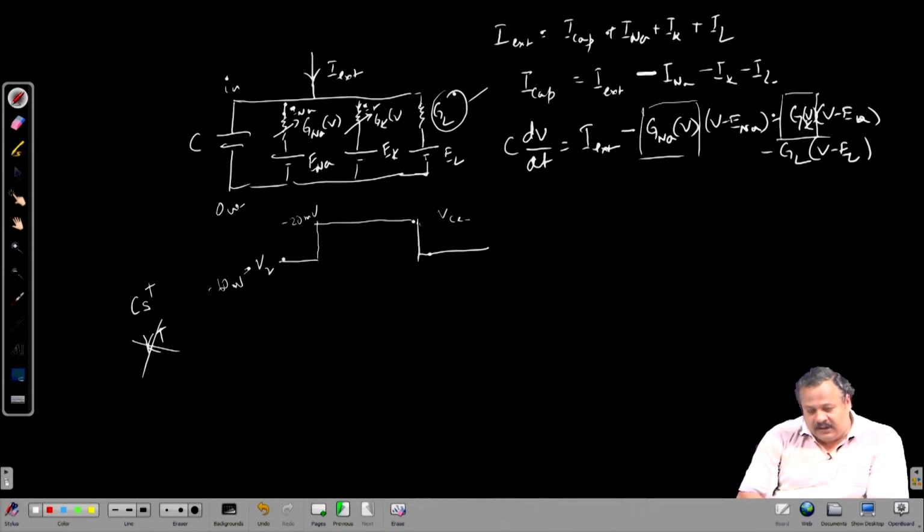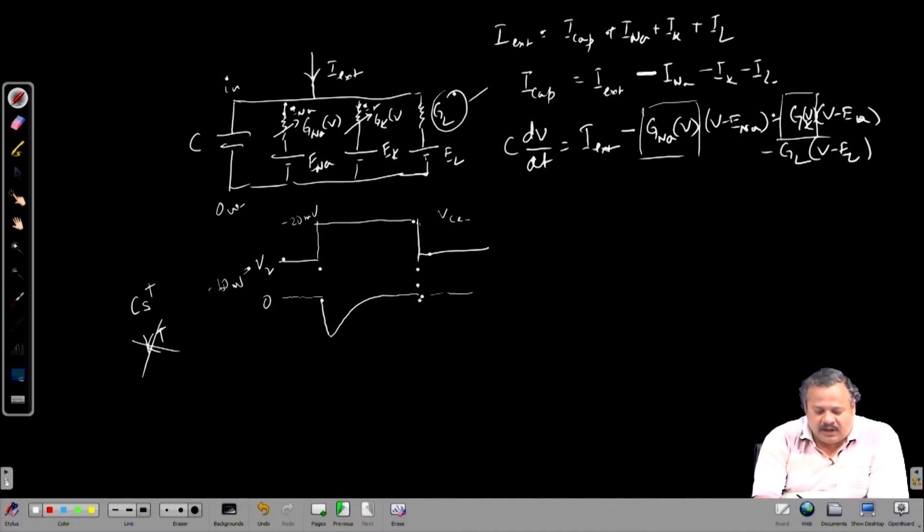If we assume that it is only the sodium and potassium channels that are involved in this, and actually it turns out to be sufficient for the squid giant axon, then the current that we measure goes up in magnitude and then goes down and stays at 0.